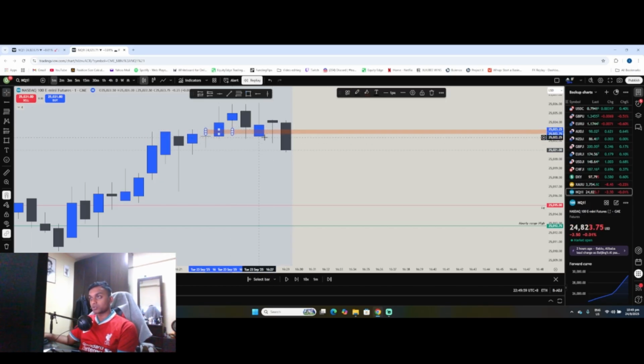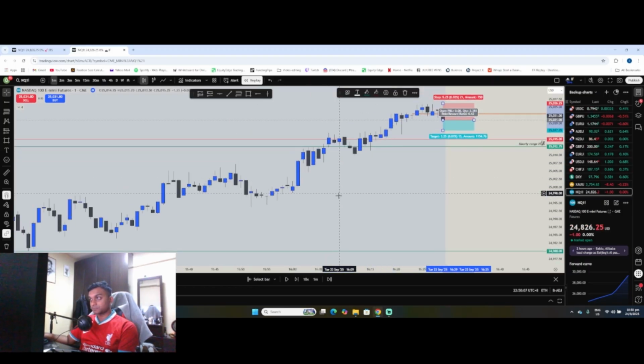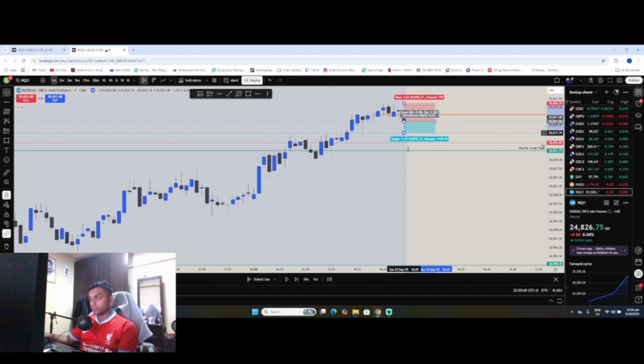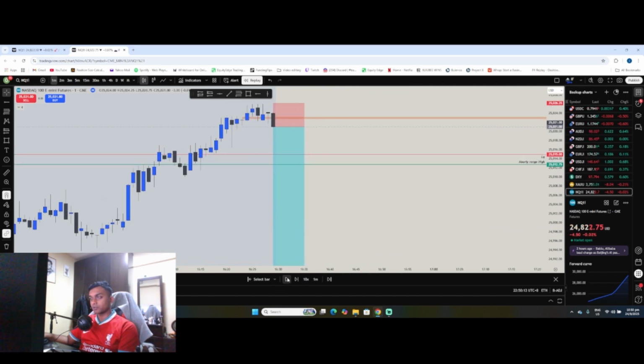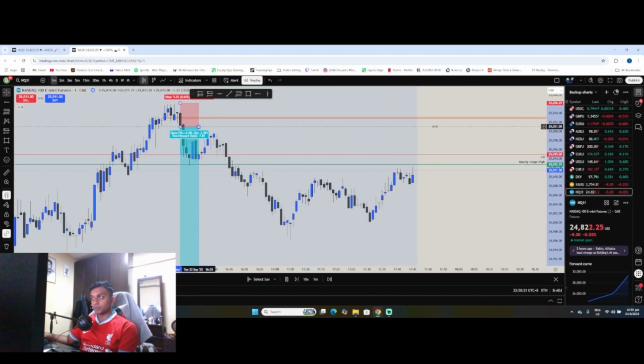Order block close below, done, right? So I entered a trade right here. Stop loss above here. And take profits all the way down here, and that was like a 1:7, right? And eventually it hit take profit.